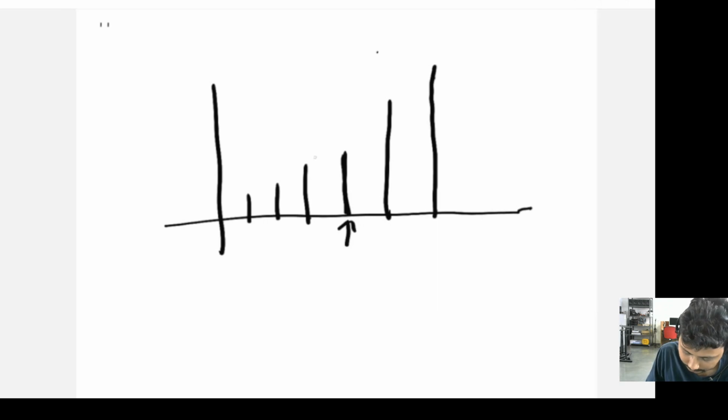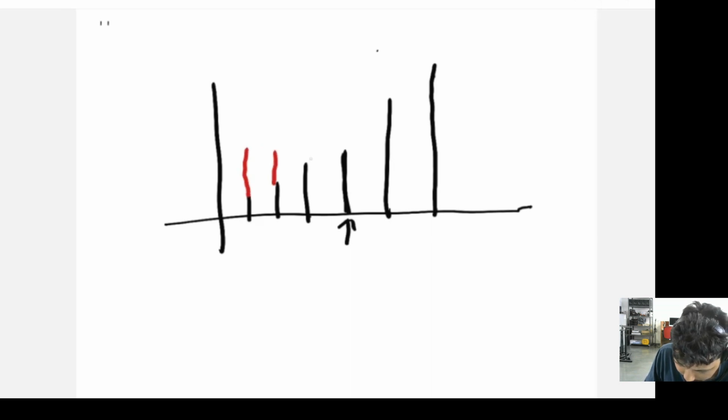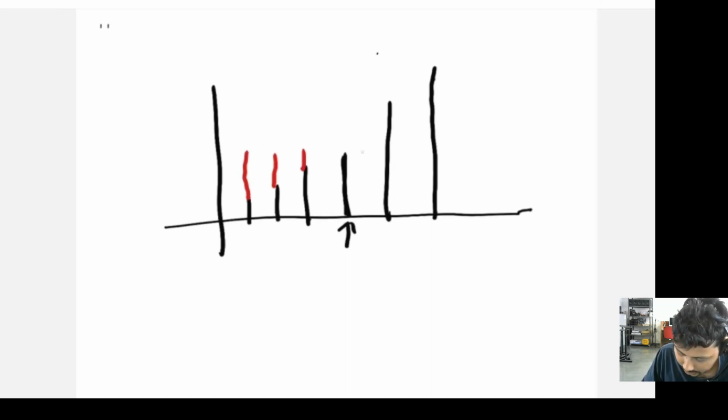So we have to calculate this difference plus this difference plus this difference, and again here we have to calculate this difference plus this difference. So here we are getting one pattern.